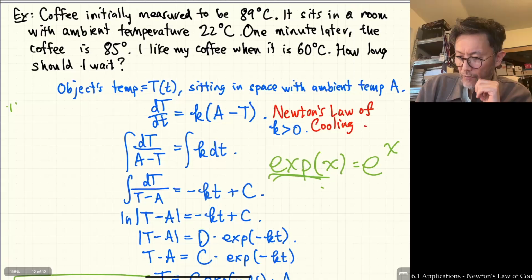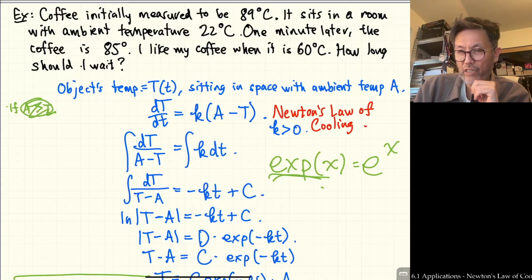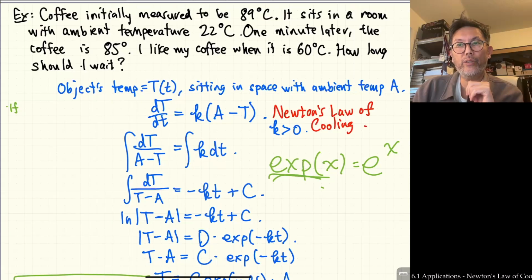Now, just some notes to record about this equation here. Note, if A is greater than T, well, actually, let's start with the situation that we actually have in front of us.